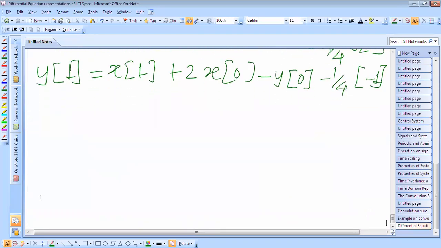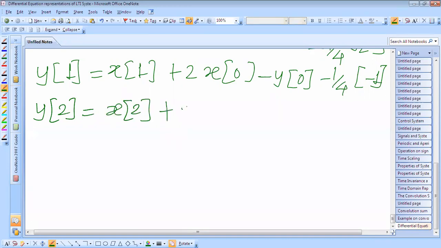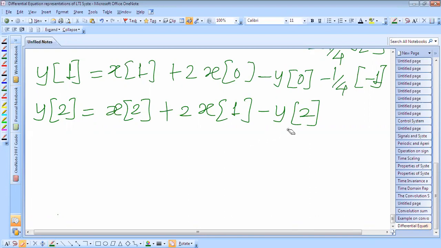Next, by putting n equal to 2, this is x of 2 plus 2 into x of 1 minus y of 1, minus 1 over 4 into y of 0.